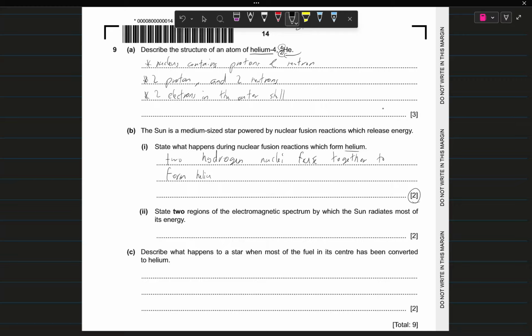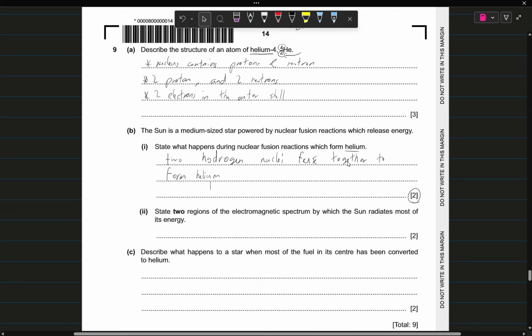Now for part 2, state two regions of the electromagnetic spectrum by which the sun radiates most of its energy. Here are the regions in which it radiates the most energy: the infrared, the visible light, and ultraviolet.